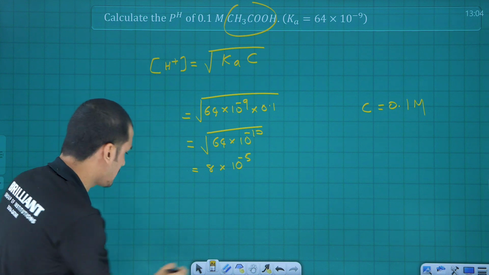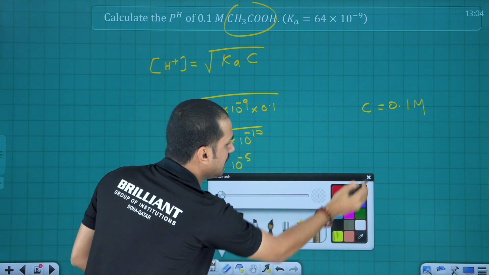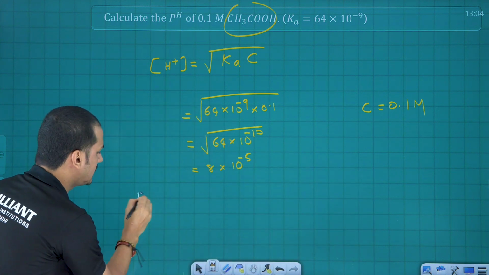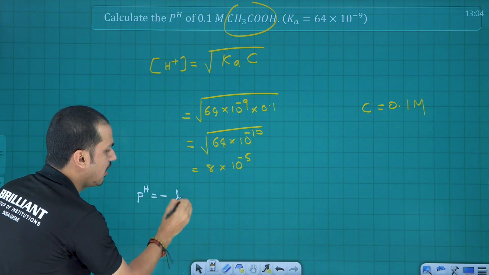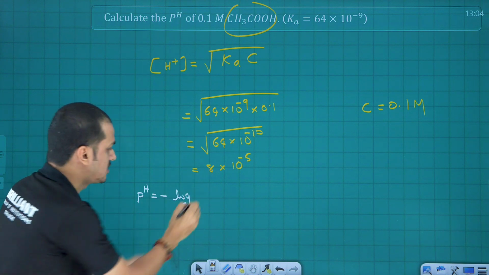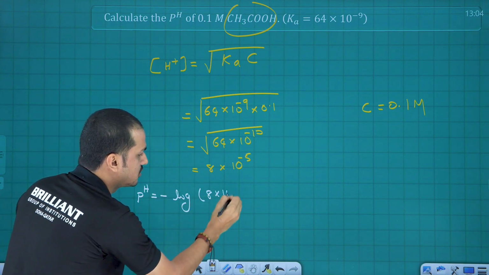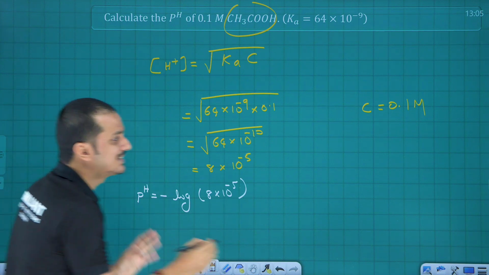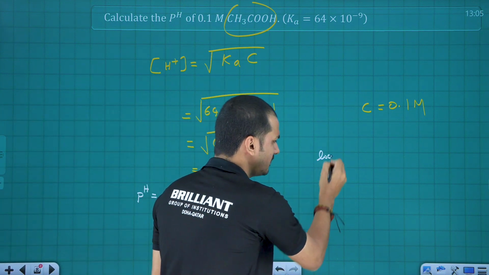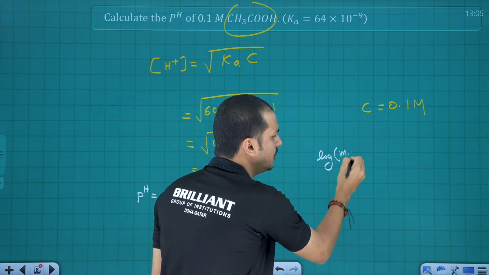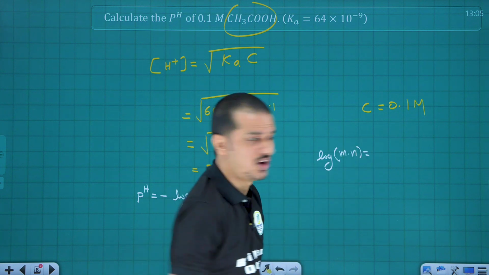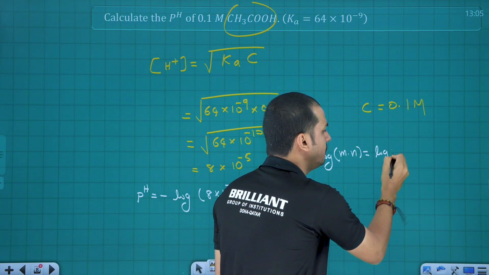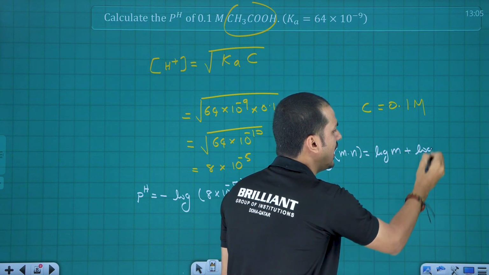If we know the concentration of H plus, how can I calculate the pH? pH is equal to minus log of the concentration of H plus, that is, 8 into 10 raised to minus 5. Am I correct? So how will I do it? We know the basic idea, log of m into n is equal to log m plus log n.